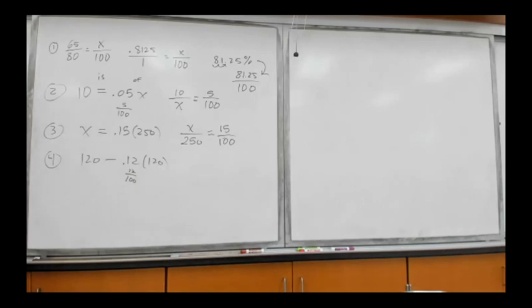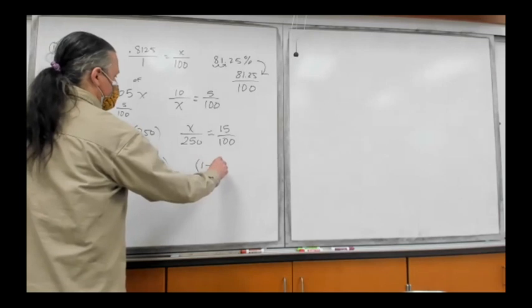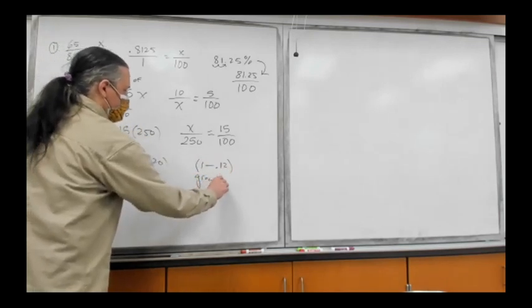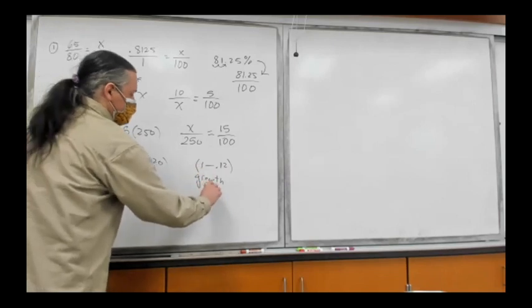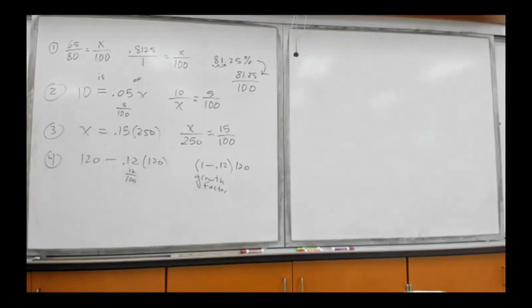Now, you might remember earlier this semester where we started to use growth factors. So 1 minus the rate is the growth factor. If it was an increase, we do a plus. And then we multiply that by the 120. It's just another shortcut, another way to think about it.